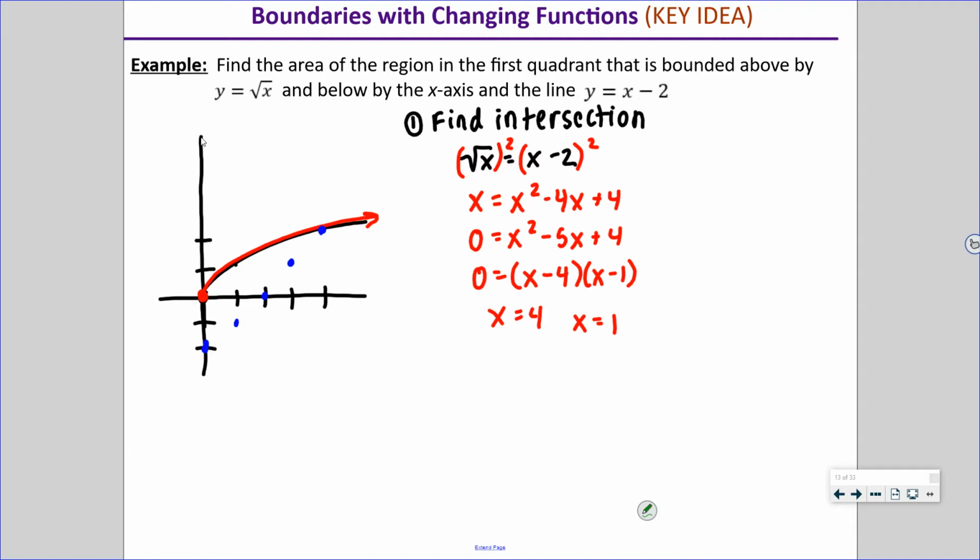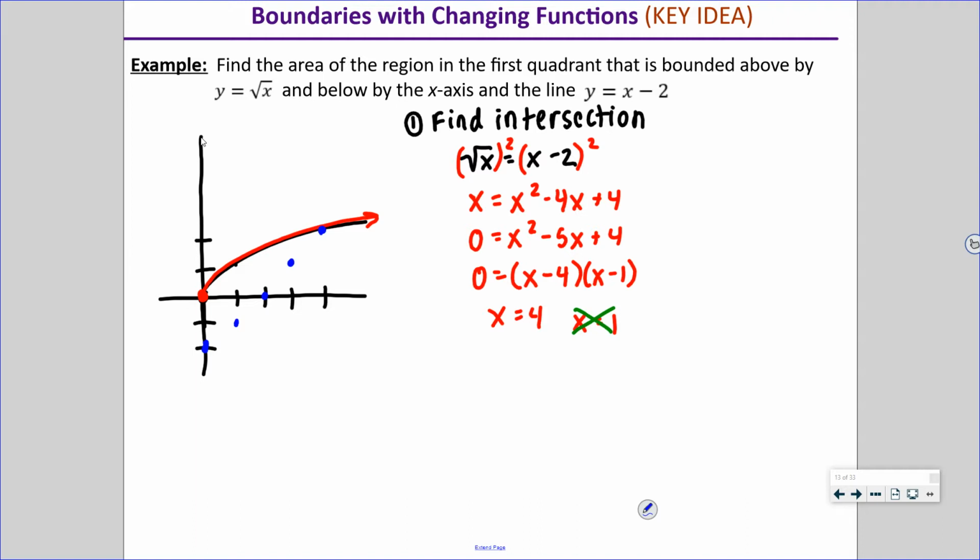So if you were to go back and plug 1 in here, the square root of 1 is 1. 1 minus 2 is negative 1, so this is actually an extraneous solution. Remember that? Good times. That happens when you square an unknown. When you square a variable, often it introduces extraneous solutions.